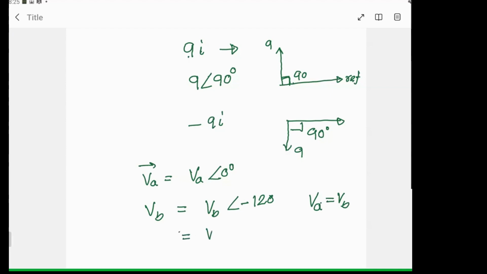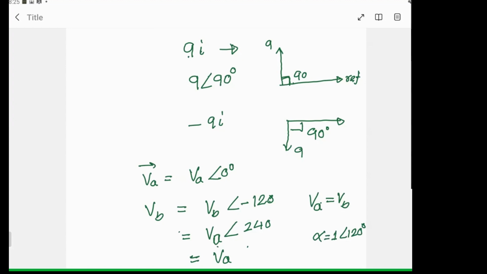So instead of VB, I can write down VA, and I can write this one as minus 120, I can write down 240. And then I can consider that VA is multiplying alpha, where alpha is equal to 1 angle 120.